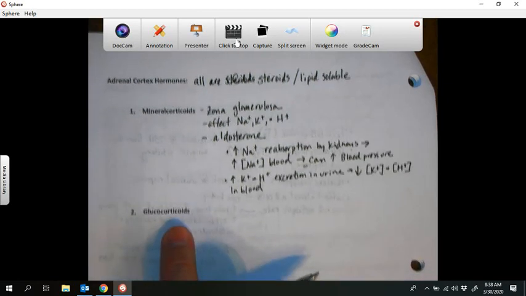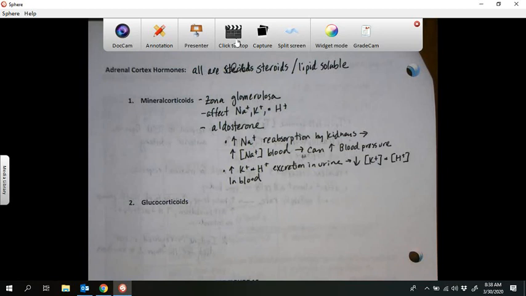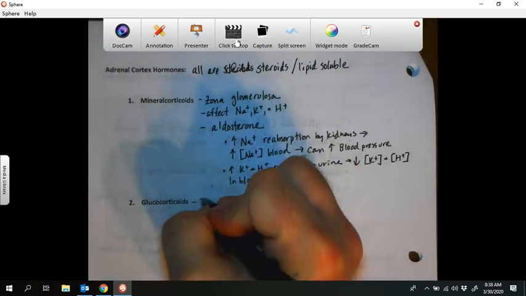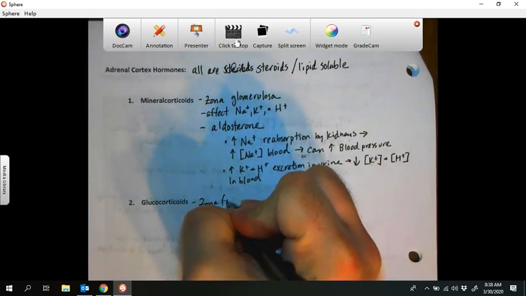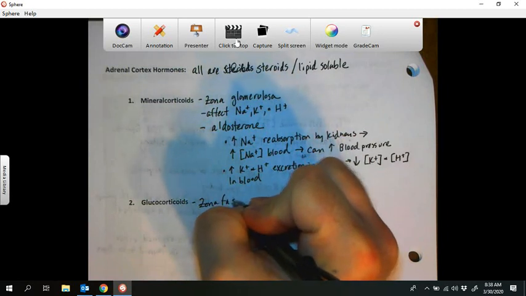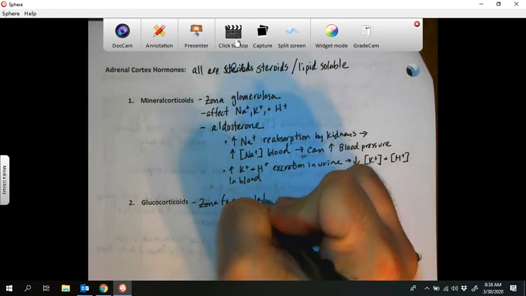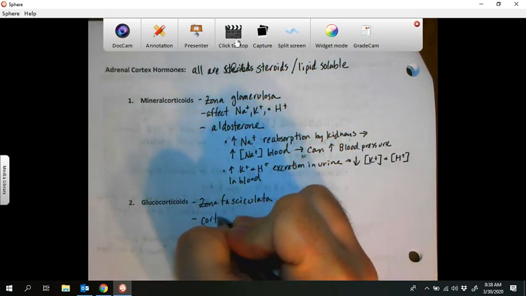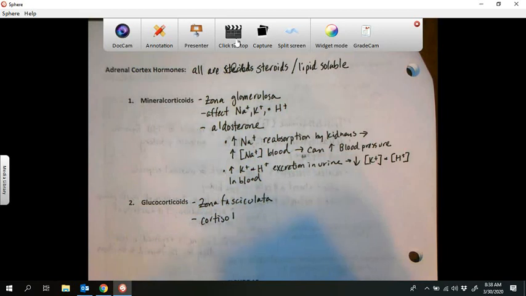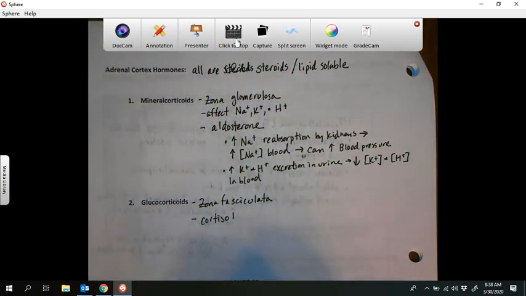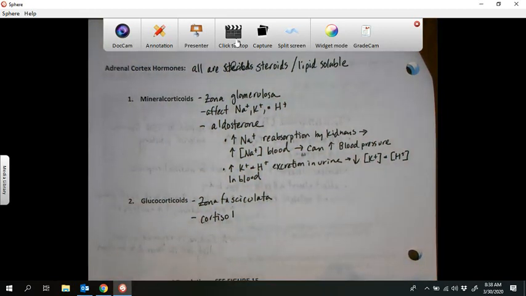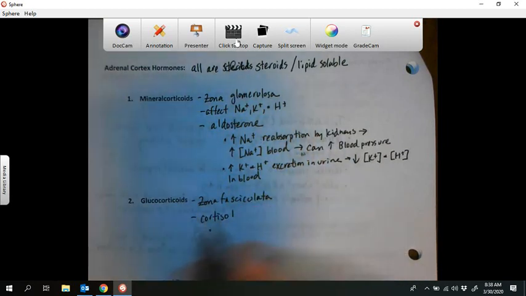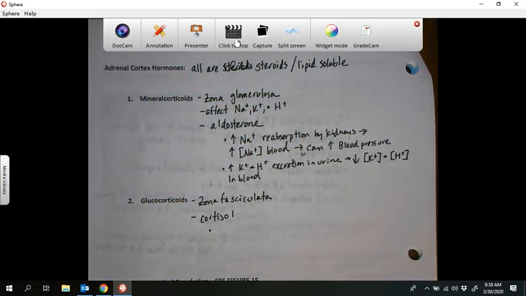Our next ones are the glucocorticoids, and these originate in the zona fasciculata. The one that we're going to look at here is cortisol. Cortisol has a couple of effects. This is always talked about in response to stress.